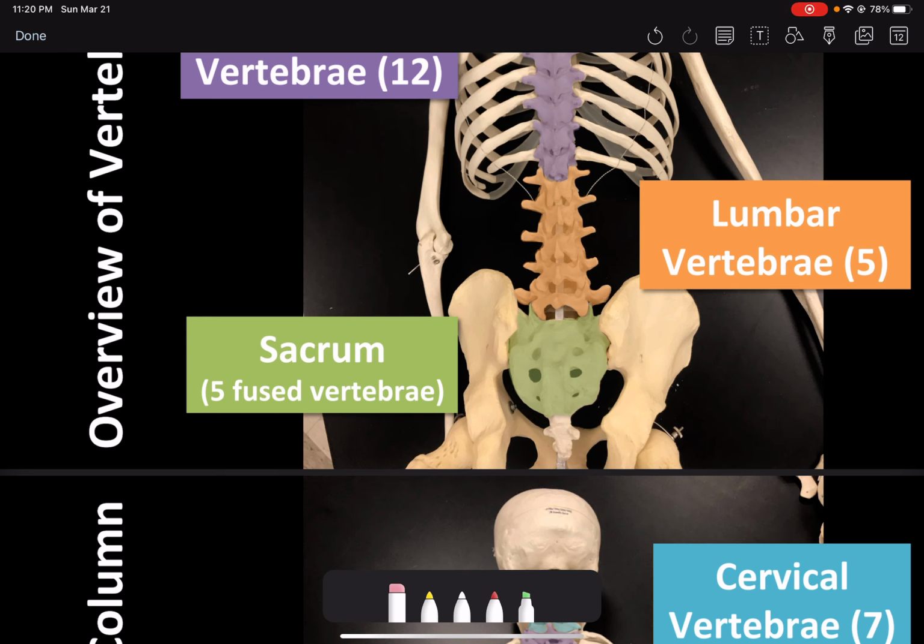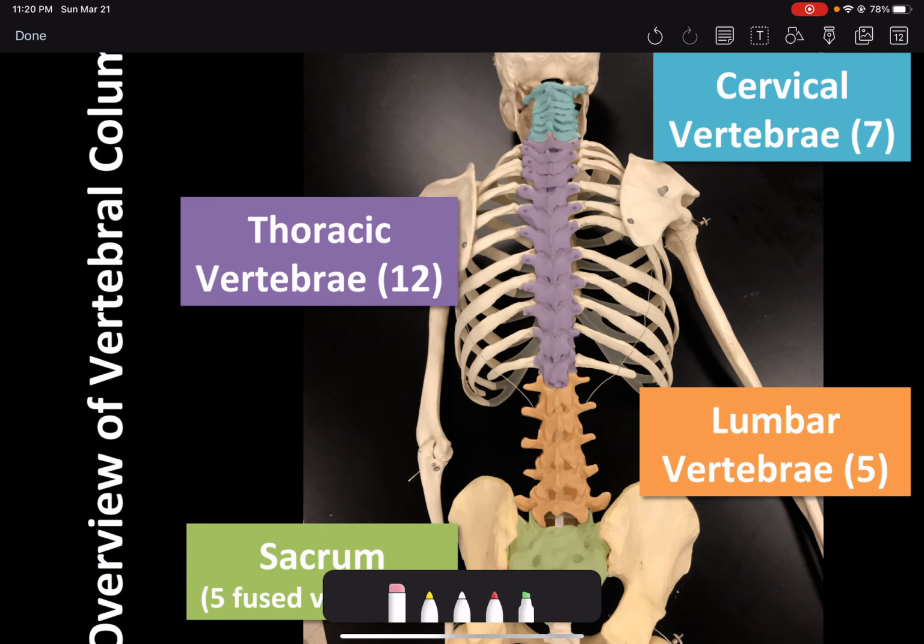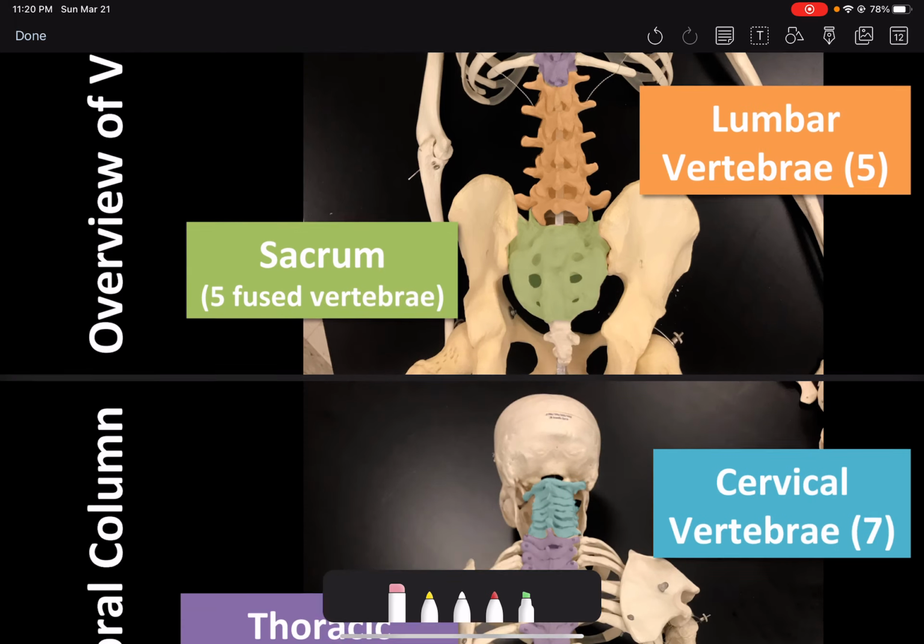So that's how the whole vertebral column is going to be stacked, all right, upon itself. So we start off with the foundation, which is the sacrum, the 5 fused vertebrae in green, and then comes your 5 lumbar vertebrae, and then comes your 12 thoracic vertebrae, and then atop that becomes your 7 cervical vertebrae.